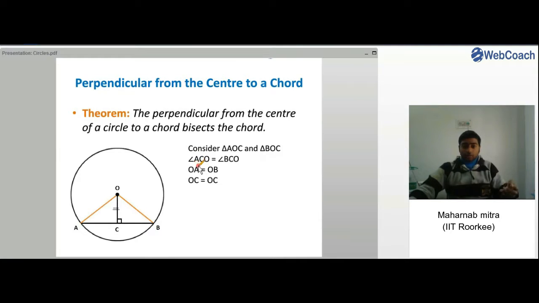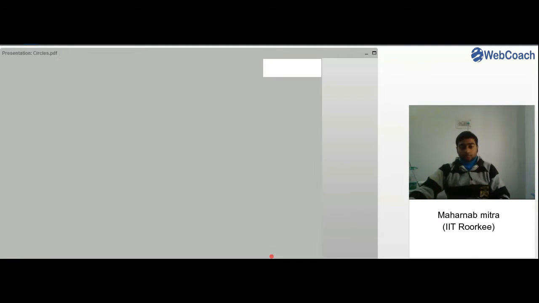So here we have three conditions again to show that these two triangles are exactly alike. We can easily say triangle AOC is congruent to triangle BOC by the RHS rule. How RHS? We have a right angle, which we have shown here, the hypotenuse, which is this one, and a side, which is this one.